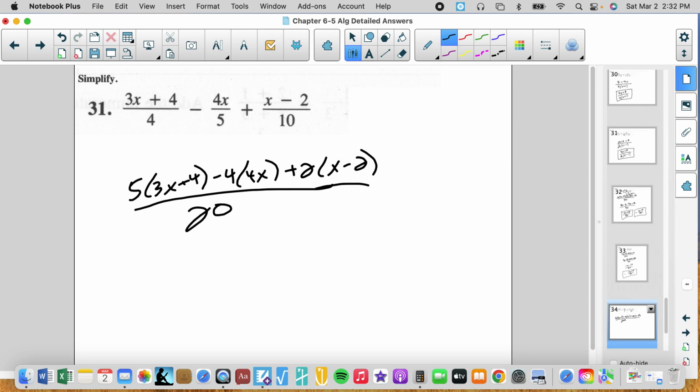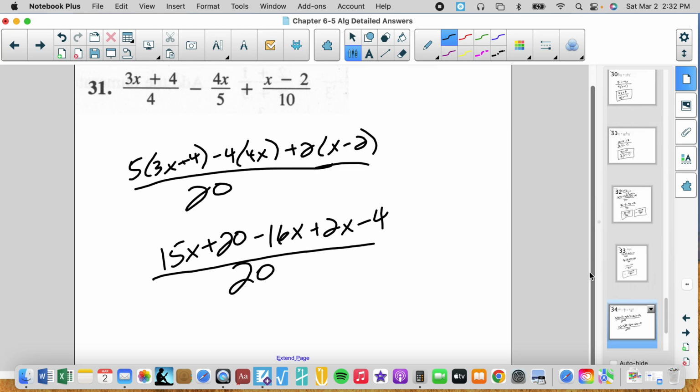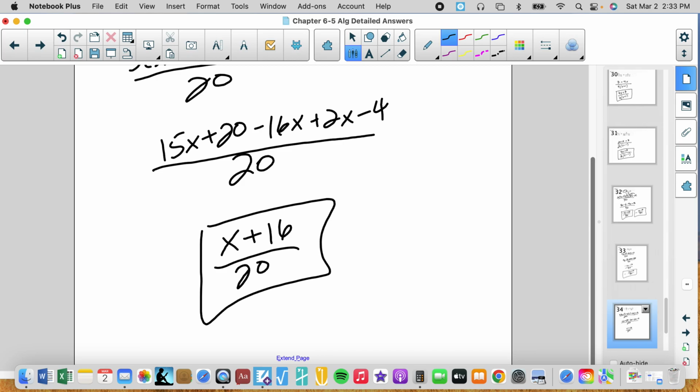You can get here where I'm doing 15x plus 20 minus 16x plus 2x minus 4 all over 20. Common terms, that's x plus 16 over 20. Yep.